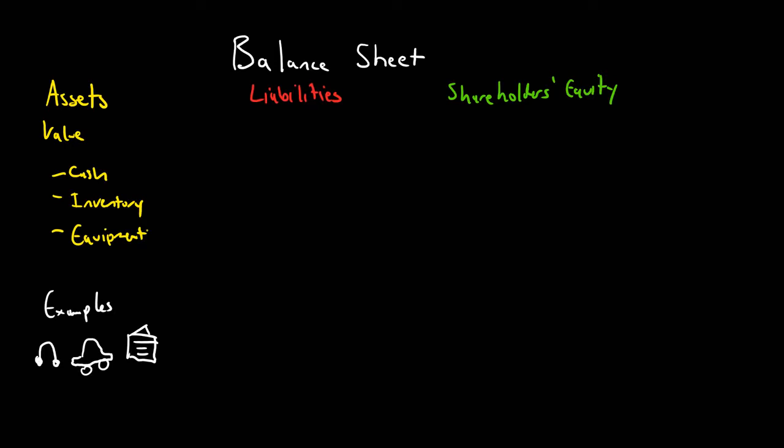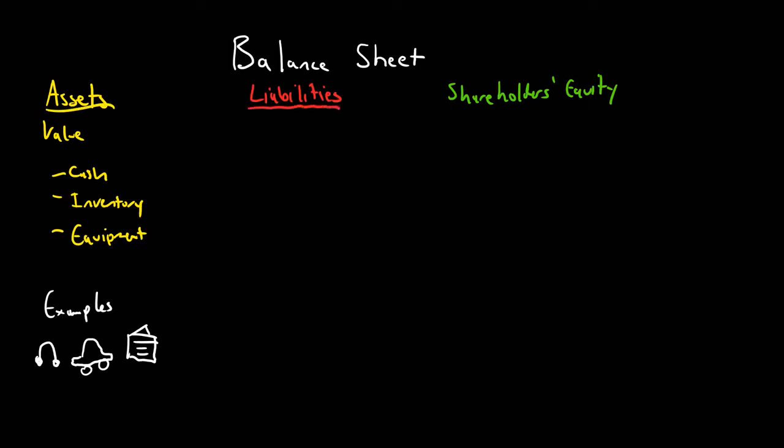So again, it's really important to understand what we mean when we say assets. It's anything a company owns or controls that is good to own or control. And just like assets of a person are the things a person owns or controls that they should want to own or control.